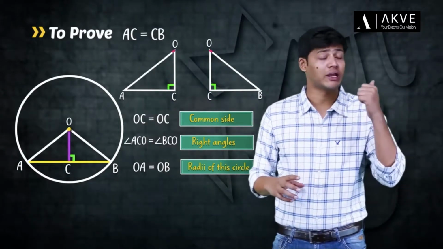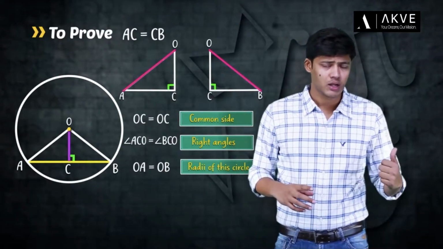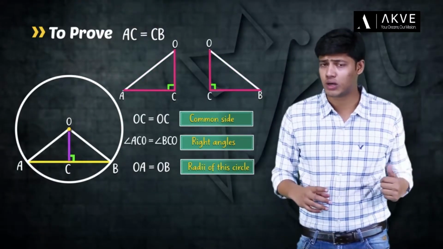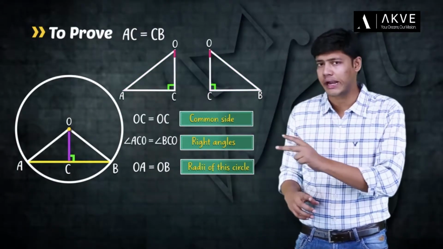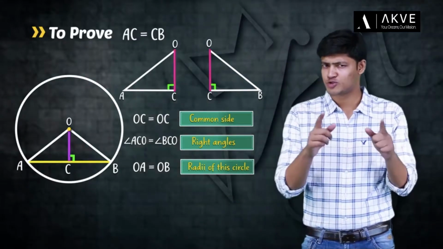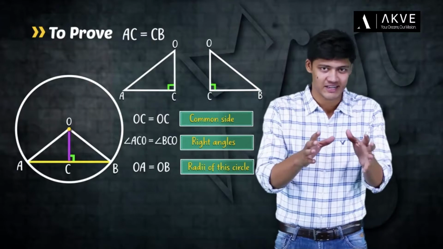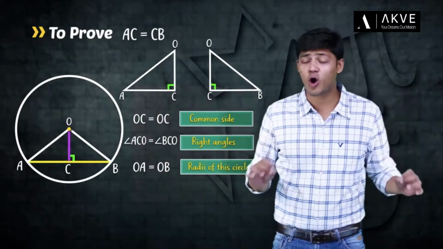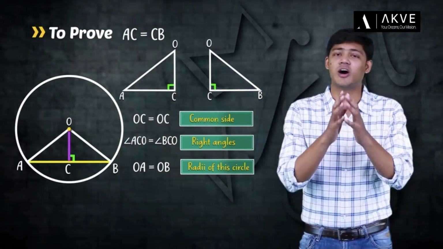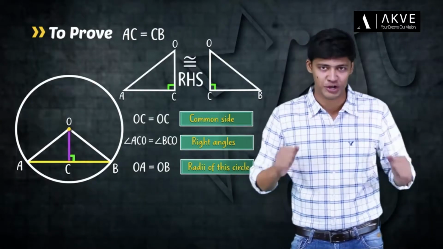So, the corresponding hypotenuses are equal, the corresponding right angles are equal, and there is one side which is common. Are these two triangles congruent now? Yes, these two triangles are congruent by the RHS congruence rule.